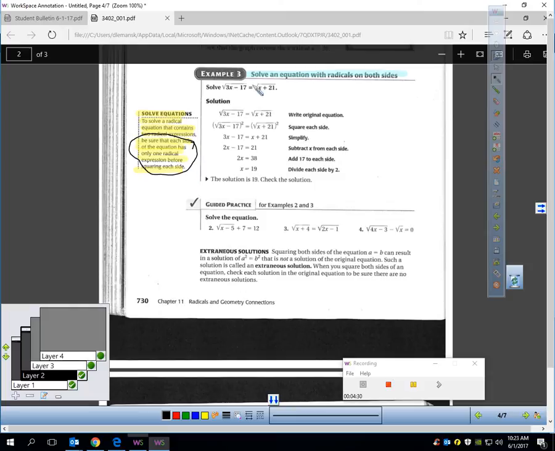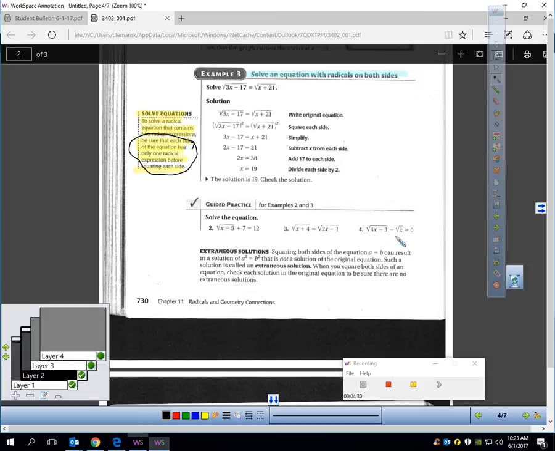Okay, so when I look here, I'm like, oh, I got more than one radical in the problem. Make sure that you only have one radical on each side of the problem before you try to square. Okay? So for example, when you look at this guided practice problem that I'll have you try, I have 2 radicals in the problem, but they're both on the same side of the equal sign.